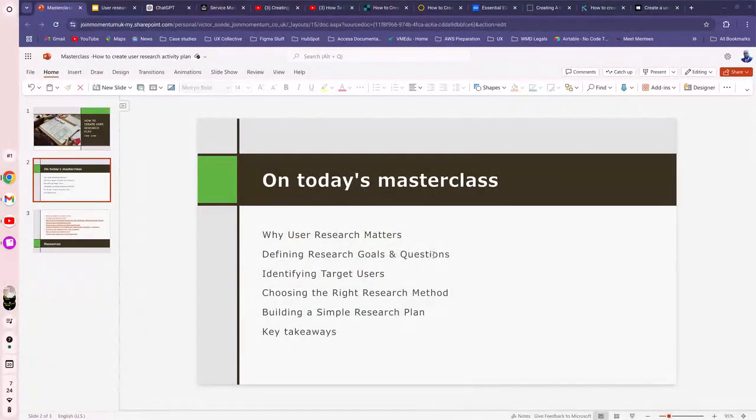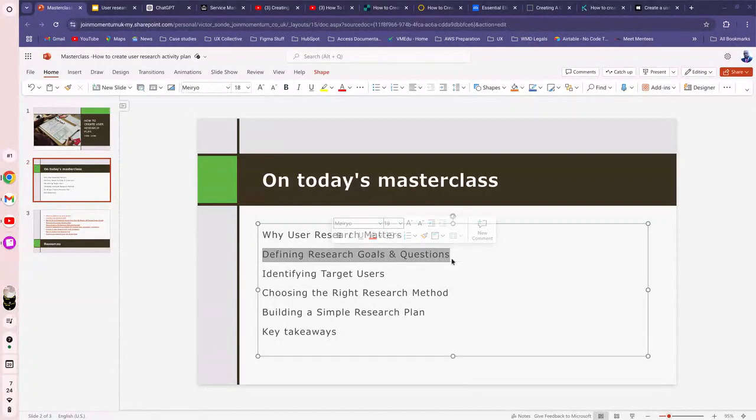What I want to talk about next is defining your research goals and your questions. A lot of people struggle here, because before you start putting together your user research plan, it's very important to understand why we are here.